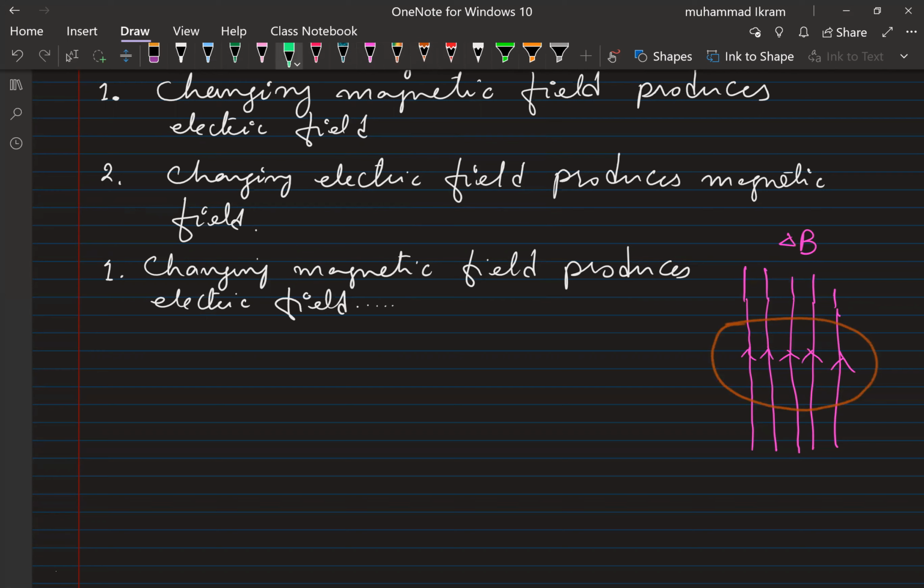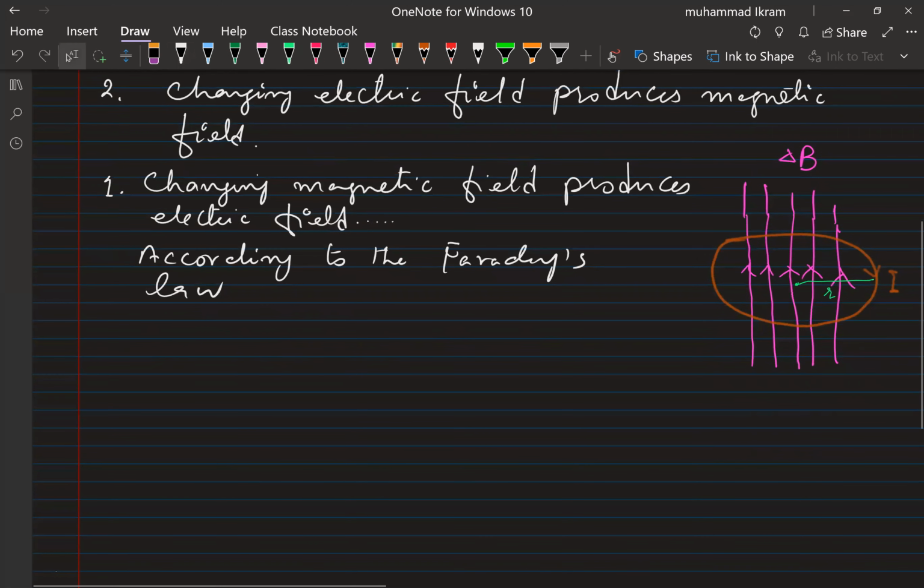Let this be the radius r of the loop the conductor forms, and if the conductor moves across the changing magnetic field, such that there is an induced EMF in the conductor, then we will start from the Faraday law. According to the Faraday law.